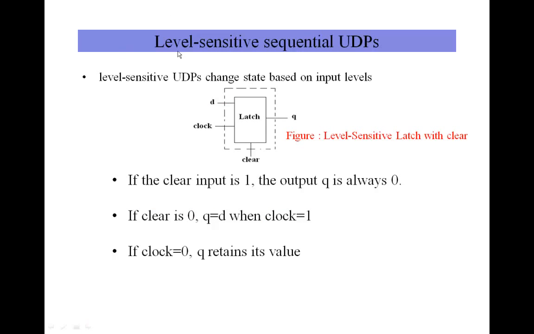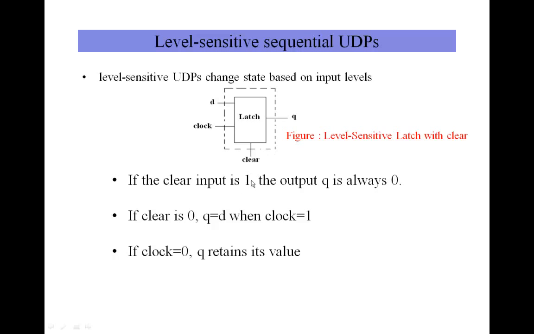Let us look at this example. This is a level sensitive sequential UDP having clear, clock, D and Q. D, clock, clear are inputs, Q is an output. So the behavior is like this. If the clear input is 1, the output Q is always 0.